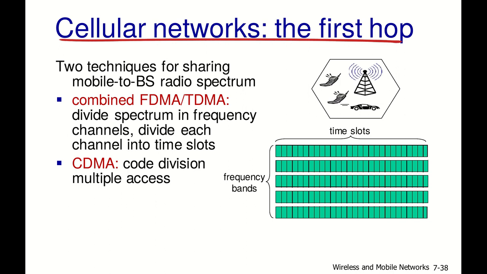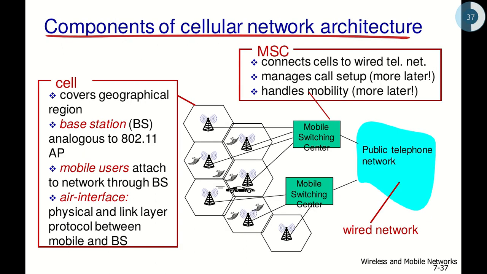So basically, as we know, in FDMA we divide a frequency spectrum into several frequency bands, and this is used to avoid interference between adjacent cells. So for example, now we have cells 1, 2, 3, 4, 5.